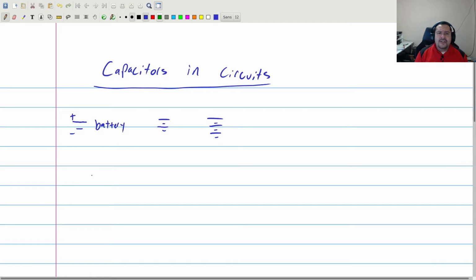Now, to avoid confusion, and because I'm kind of a sloppy drawer, I tend to use this symbol a lot more than the other ones. The reason is that the symbol for a battery looks very similar to the symbol for a capacitor. The symbol for a capacitor is just going to be 2 parallel lines like so.